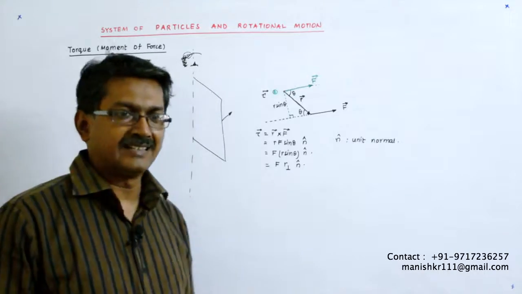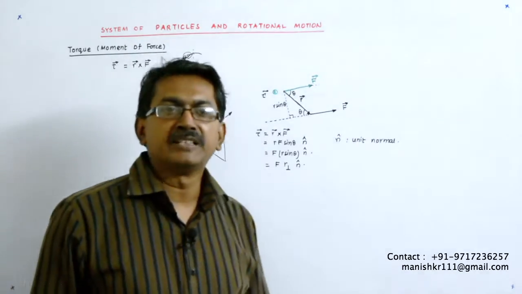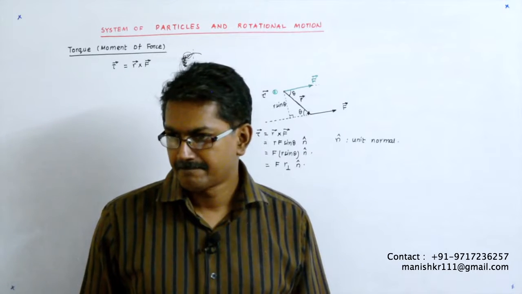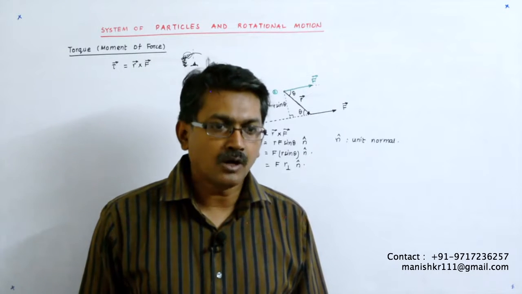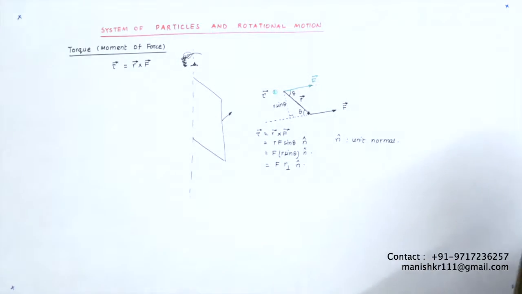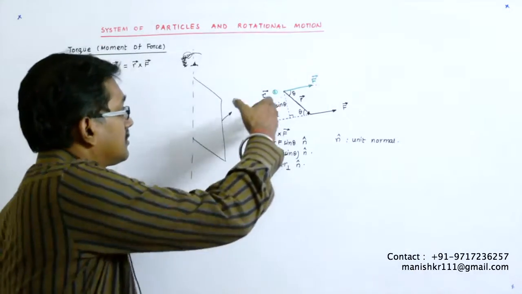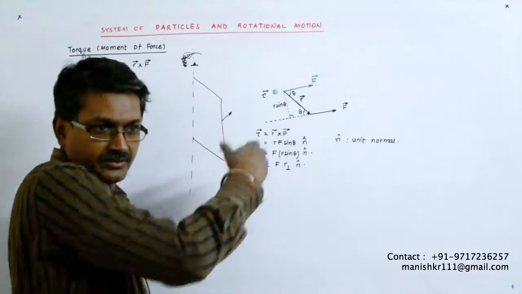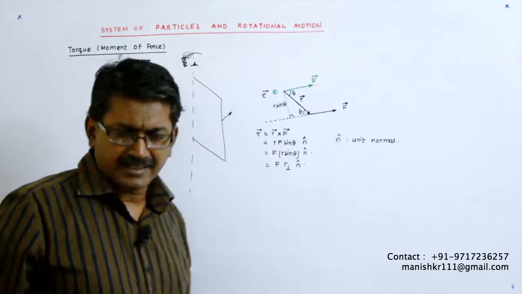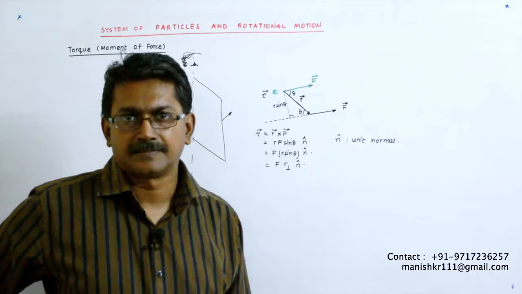So actually it is this arm that magnifies or diminishes your effort. You understand? How much away you are from the axis. And when will you be the farthest? When will you be the farthest?